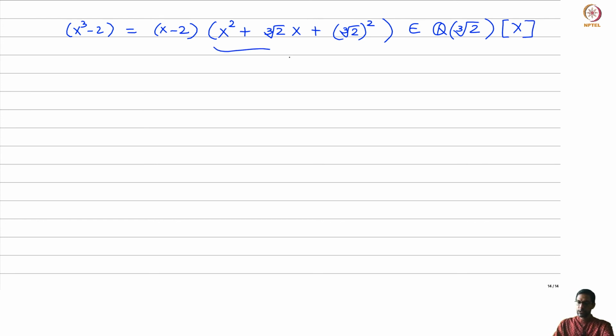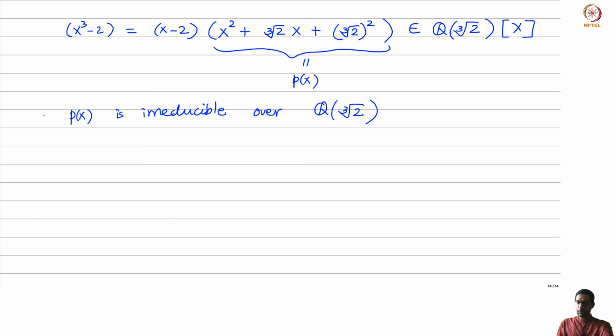Now let's call this second factor p(x). Observe that p(x) is an irreducible quadratic polynomial, so it is irreducible over this field Q(cube root of 2). Again, why? Same reason. If it is reducible, then it must have a root in the field Q(cube root of 2).